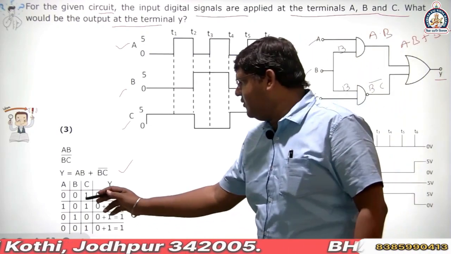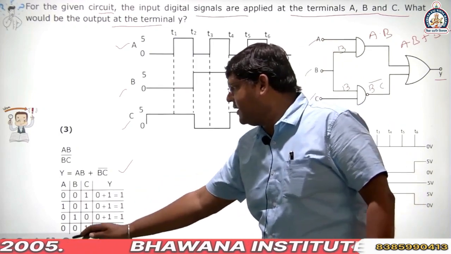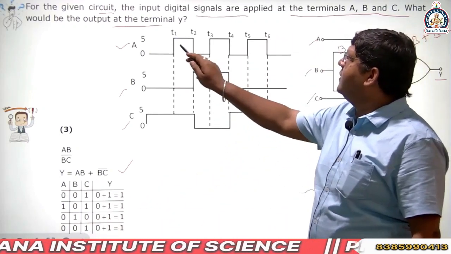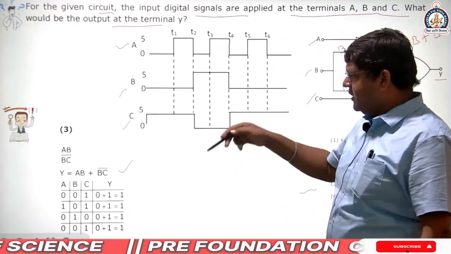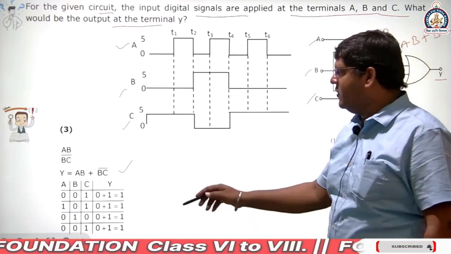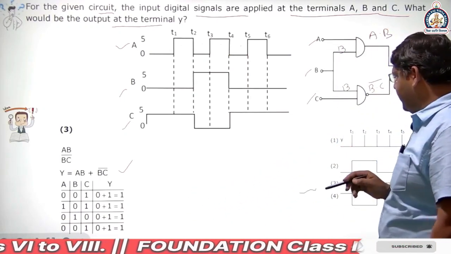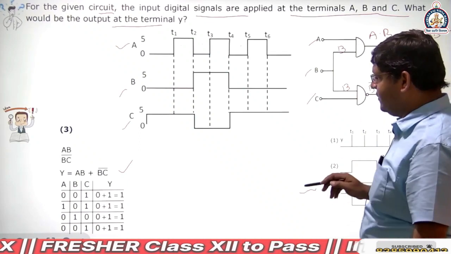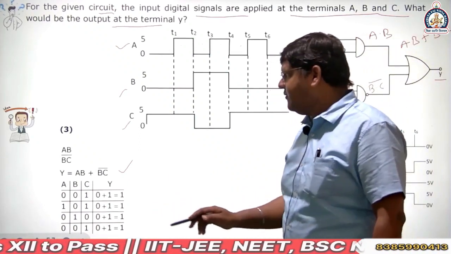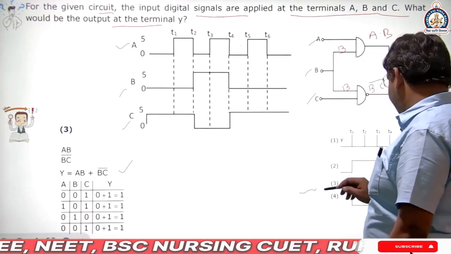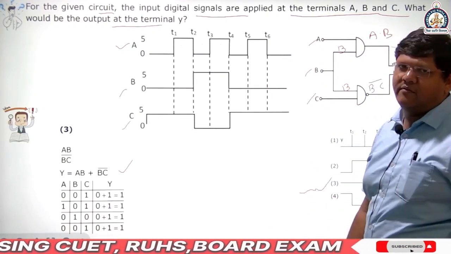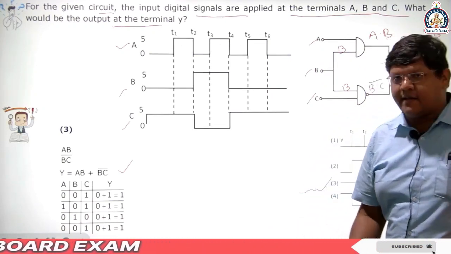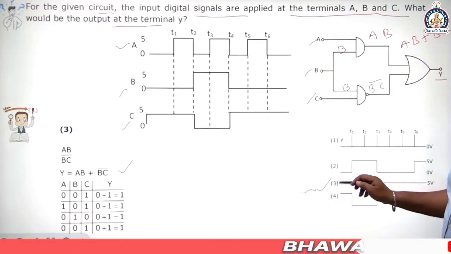So we just used the concept and put the values as this, 1, 2, 3, 4. Now after putting the values of the input, we get the solution. The value of Y is always equal to 1. 1 means high signal, so we get the answer as option number 3.